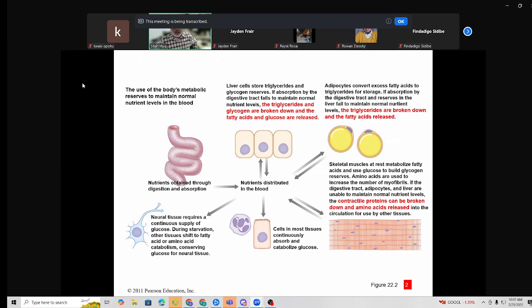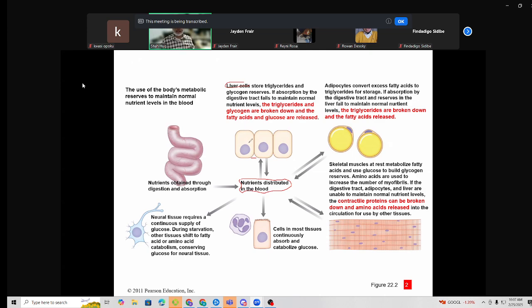If we start from the blood, because blood is the ultimate source of everything, it carries from one place to another place. So we have these cells where we get the triglycerides and glycogen, and this is the liver cells, which is called the hepatocyte actually.